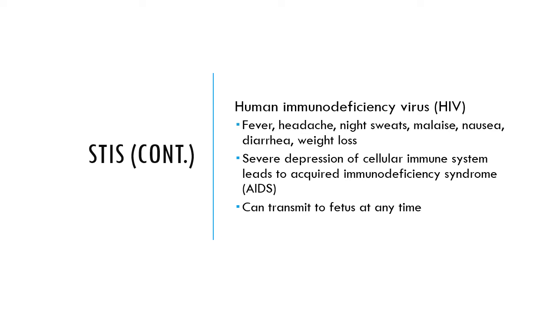Okay. And before delivery, we actually draw a viral load, and based on their viral load, they may be able to deliver vaginally. If their viral load is too high, we're going to deliver by a cesarean section to prevent transmission. Okay.